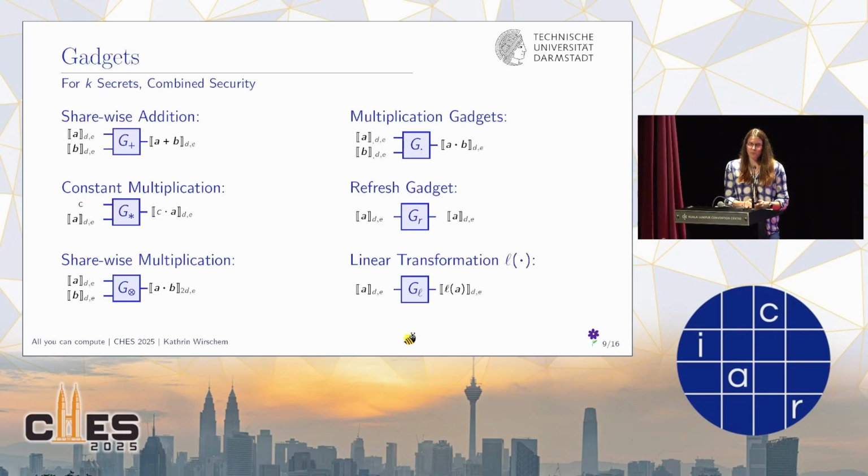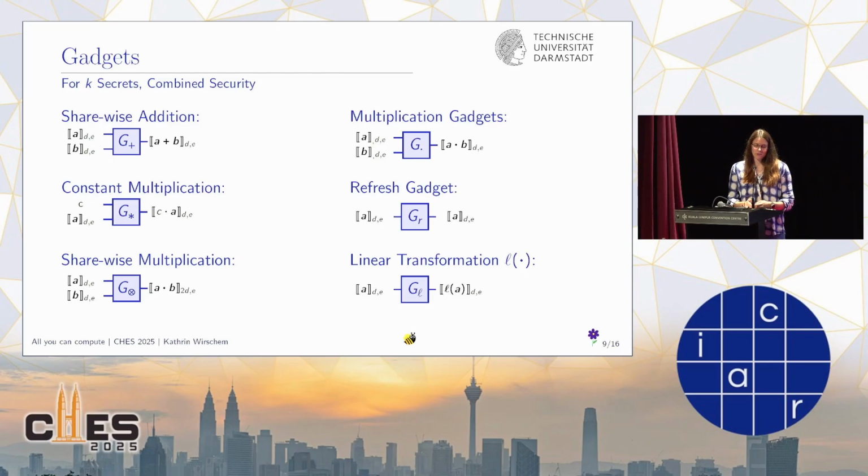Okay. We propose several adapted gadgets. For example, the sharewise addition and constant multiplication. For the general multiplication, we have the usual problem with polynomials. Whenever we have two polynomials of degree D that are sharewise multiplied, this results in a polynomial of degree 2D. Hence, this is not a valid encoding for us anymore, and we need to do a bit more work to obtain a multiplication gadget.